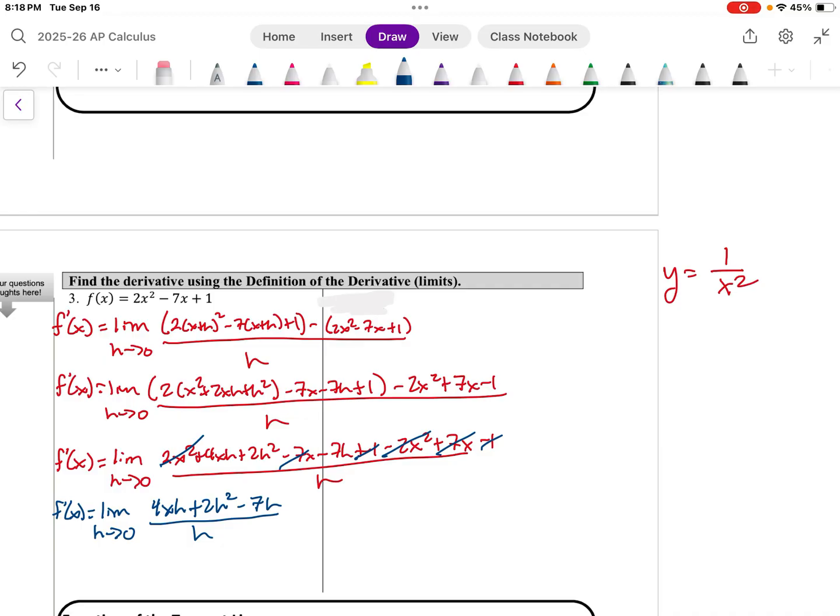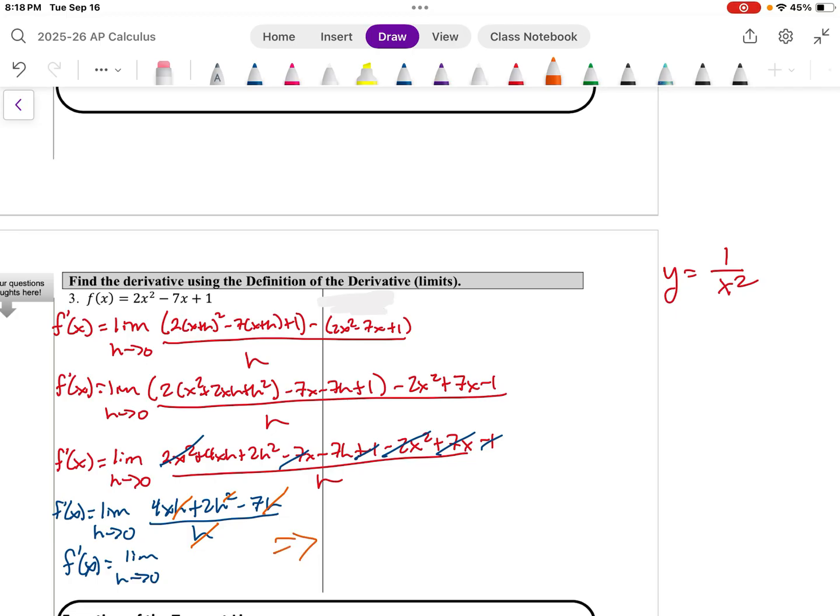I can't apply the limit yet, so we're going to go ahead and say f prime of x is equal to the limit as h approaches 0. I know I can factor out an h. To save room, I'm just going to take my pen and say this h in the denominator cancels out one of each of the h's that are in each part of the numerator.